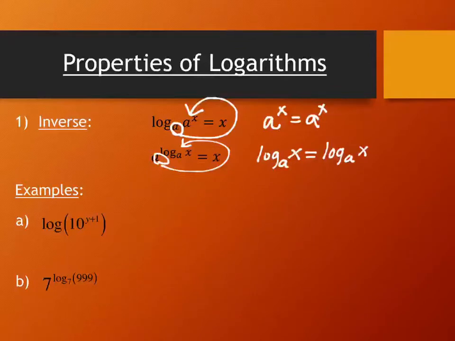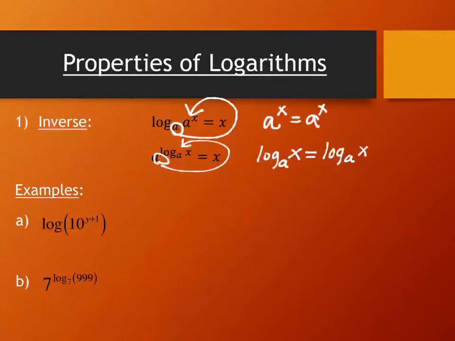So why is that helpful? Well, it's helpful because if you take a look at these examples, when you notice bases of logs and bases of exponentials matching up, they do in effect cancel one another out. So what is the base of this log on part A? 10, right? It's a base of 10.